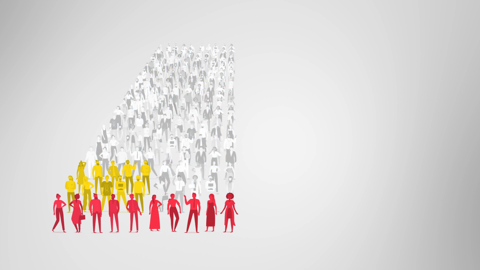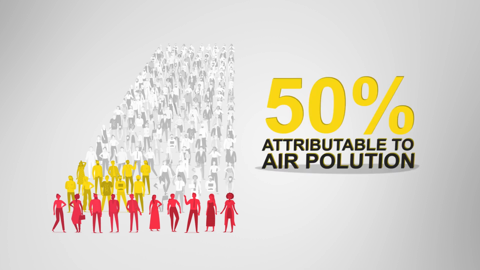In other words, the 10 additional cases among those who are exposed would be attributable to air pollution. So 10 out of the total of 20 cases that we observe in these two populations would be attributable to air pollution, which is 50%. So that number tells us something very different, although it's still based on having a relative risk of 3.